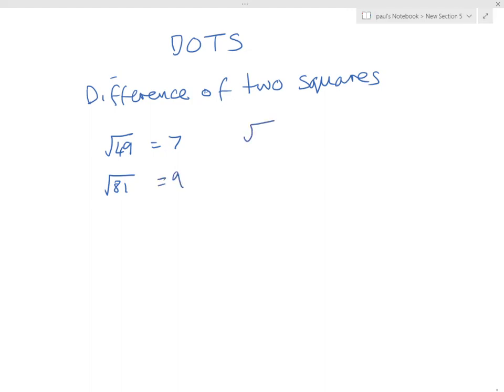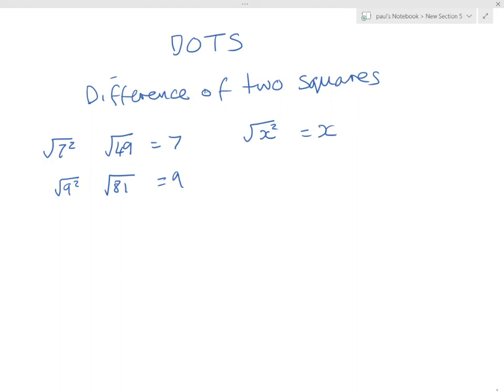The square root of x squared is equal to x, because x times x is x squared. So the square root of x squared is x. This is just like saying the square root of 7 squared. Yeah, it's the same thing, but we've got letters. And that's the same as the square root of 9 squared. It's just a number inside.